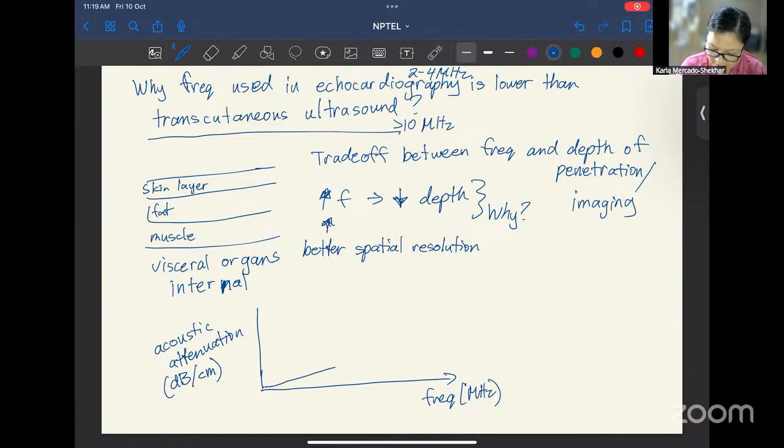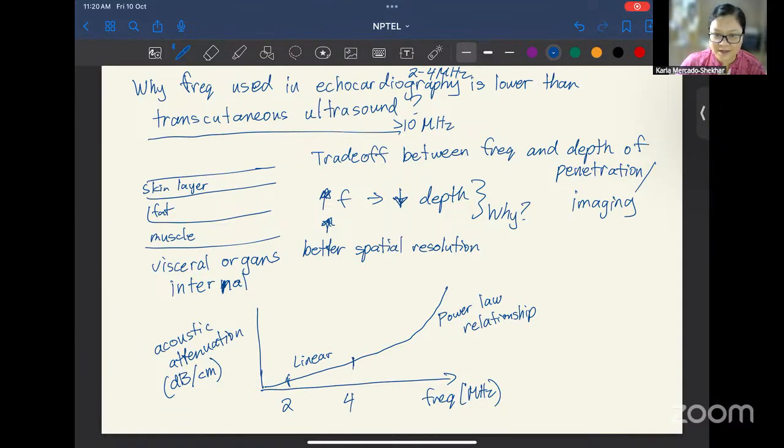Sometimes it can even be some power law. In some cases, at lower frequencies, it is a linear increase, and then at higher frequencies, it can be a power law relationship. So it just depends on the range of frequencies that you are looking at. Let's say for echocardiography, this is 2 to 4 megahertz.